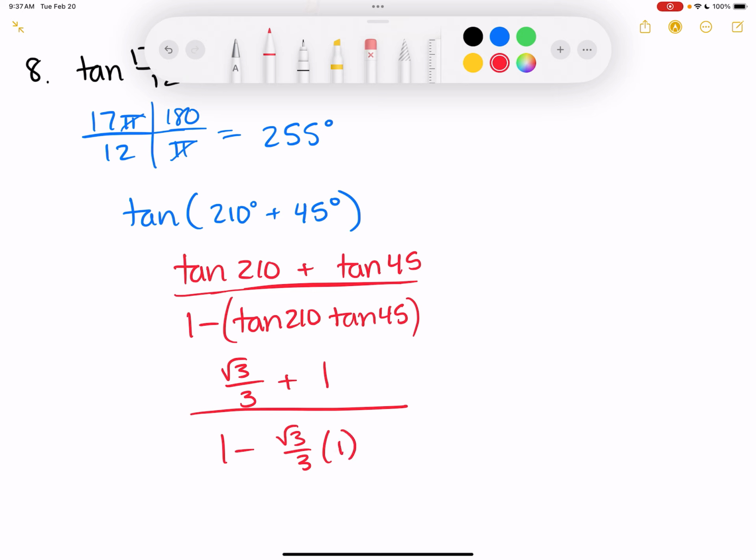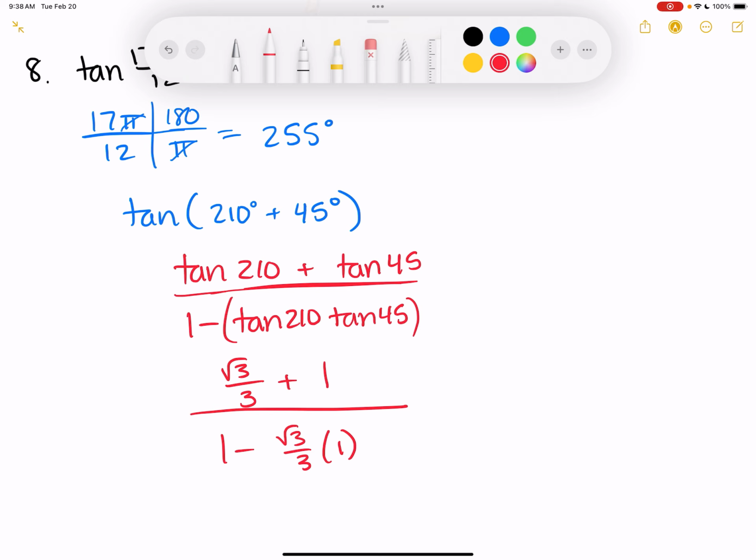Now, what's the problem here? What would I need to do to be able to solve this? Because of the radical in the bottom? Can you cross out the root? No, because it's being added or subtracted. Root 3 over 3 over 1. No, can't do that. If I want to add a whole number and a fraction, what do I have to do?